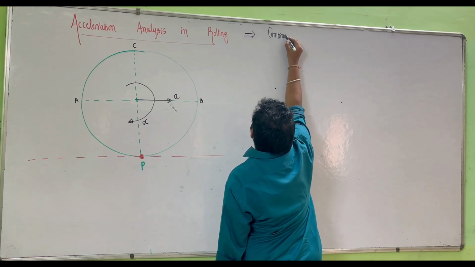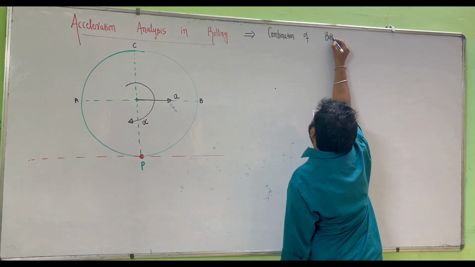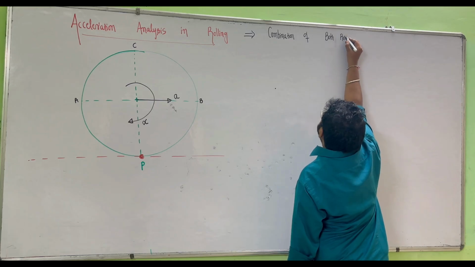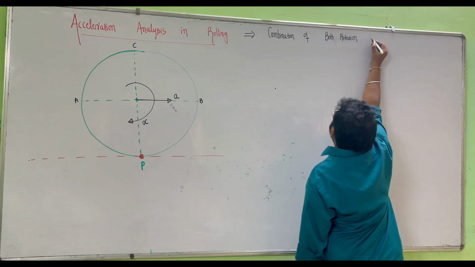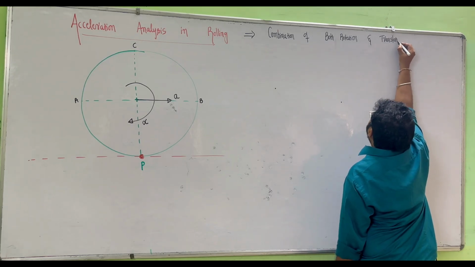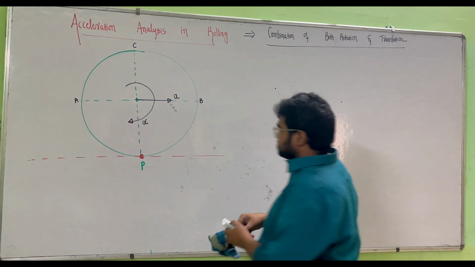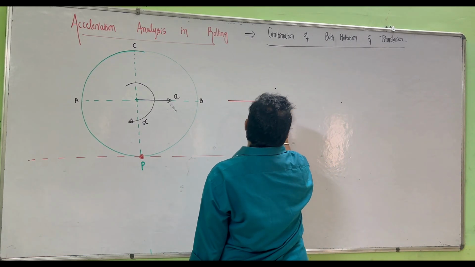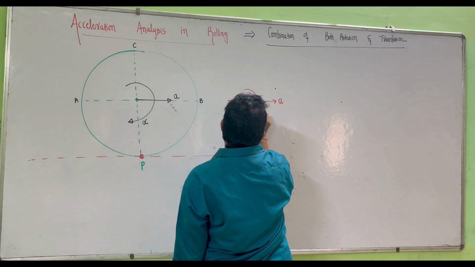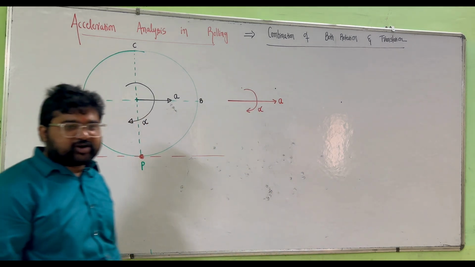Rolling is a combination of both rotation and translation. From translation, linear acceleration will come. From rotation, alpha will come.